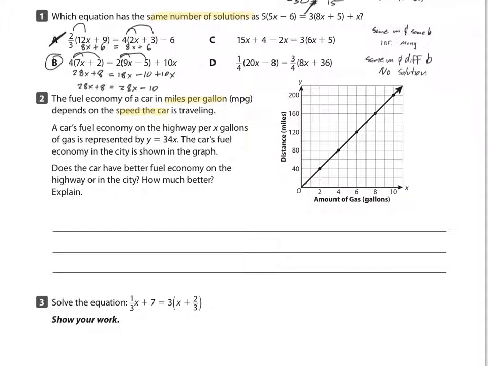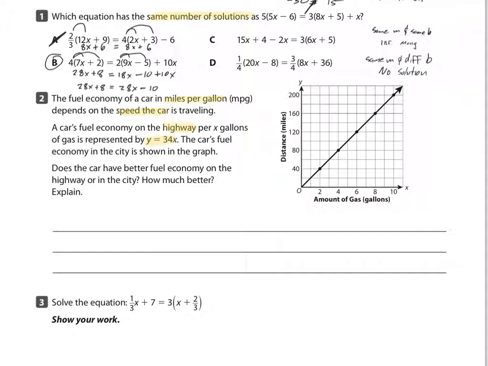Now I continue saying, a car's fuel economy on the highway per x gallon of gas is represented by the equation y equals 34x. So in the highway, we have the equation. The car's fuel economy in the city is shown in the graph.